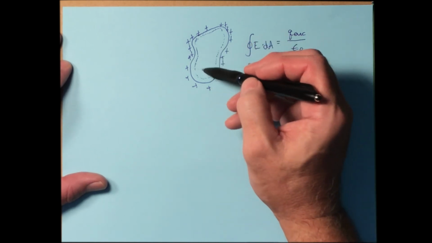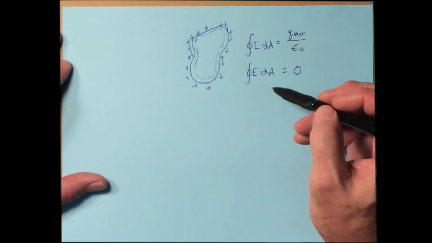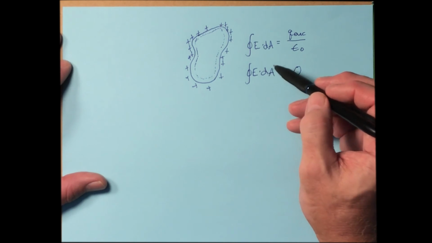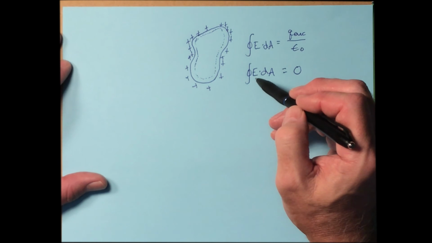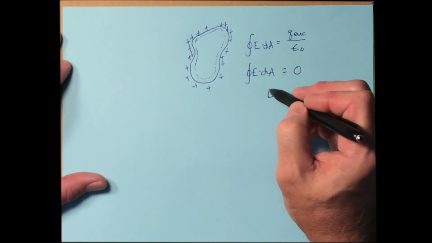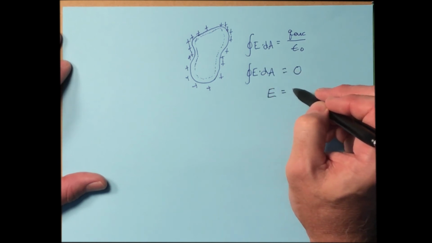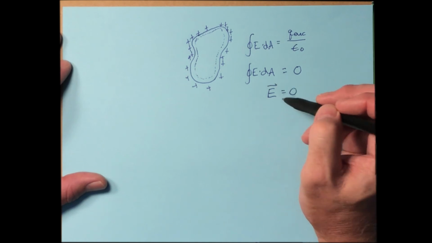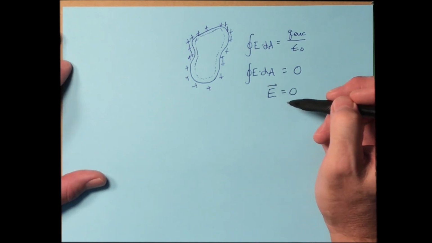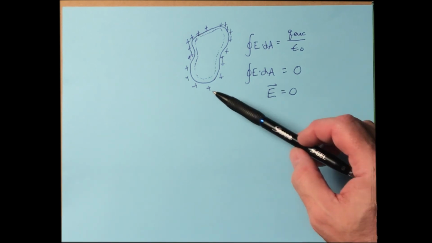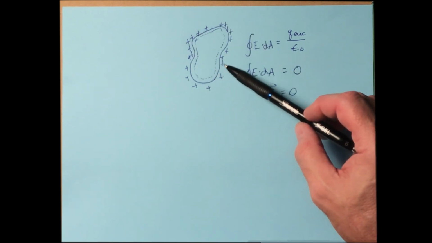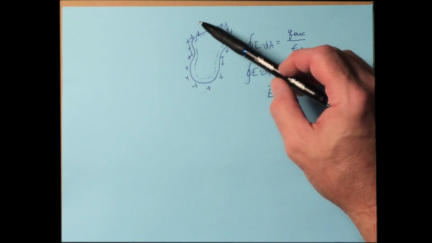So for our example here, we've come up with a Gaussian surface. It does have some area, so the area is not 0. Therefore, the only conclusion that we can come to is that on the interior of this conductor, the electric field is 0. And that's what we've talked about previously, when we talked about how positive charge or any charge lives on the outside of the conductor.